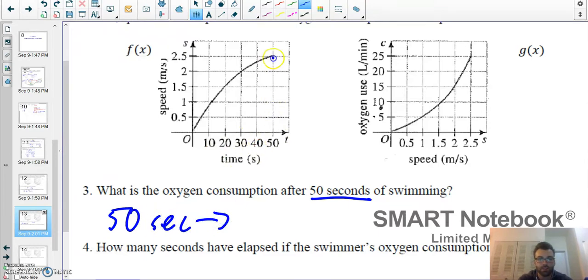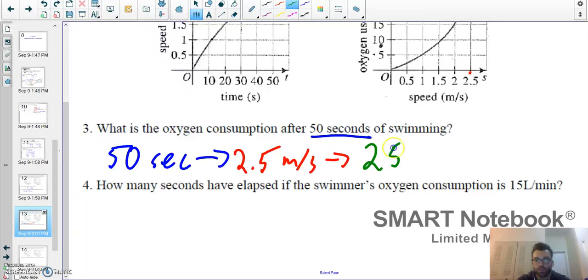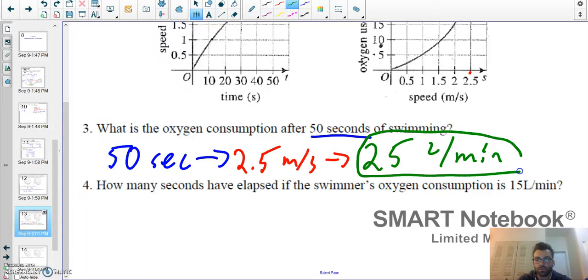That leads me to 2.5 meters per second, which is over here, which leads me to, let's go green, 25 liters per minute, which is our final answer, because that's what we're looking for, oxygen consumption.